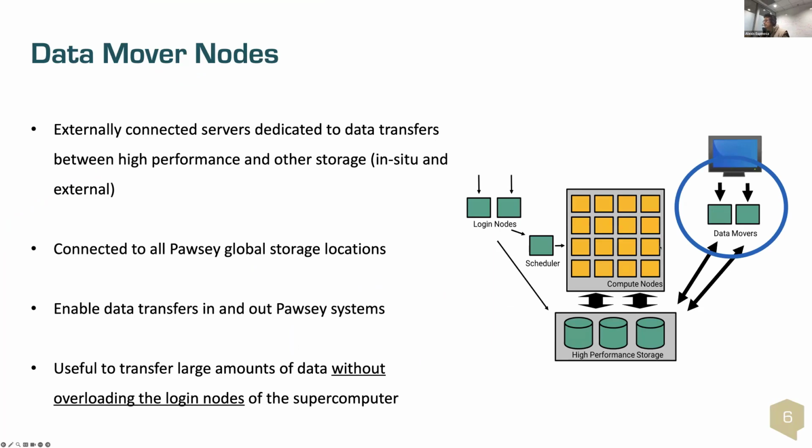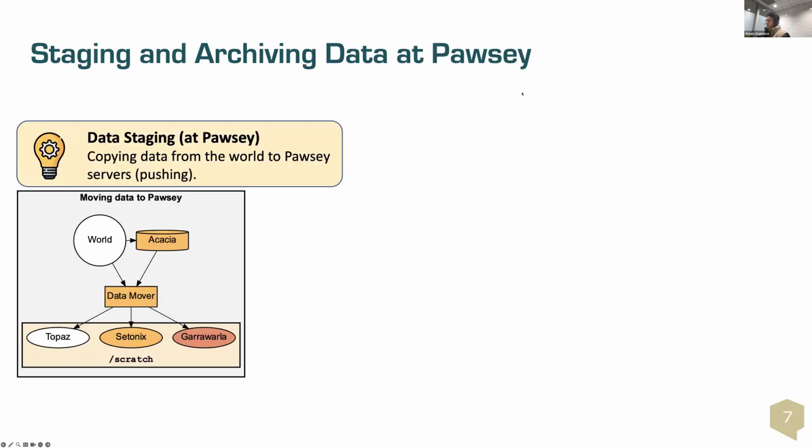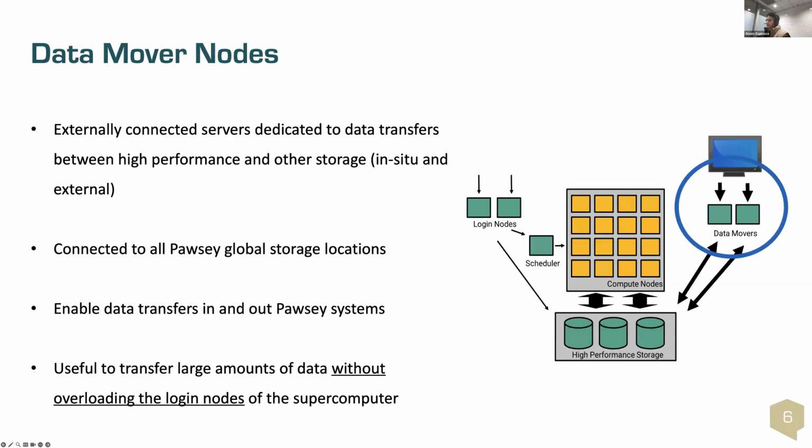As I said before, with this schematic, to put things into the disk or retrieve things from the disk toward your own institution or your own desktop, you use the data mover nodes. That's the way you go through.